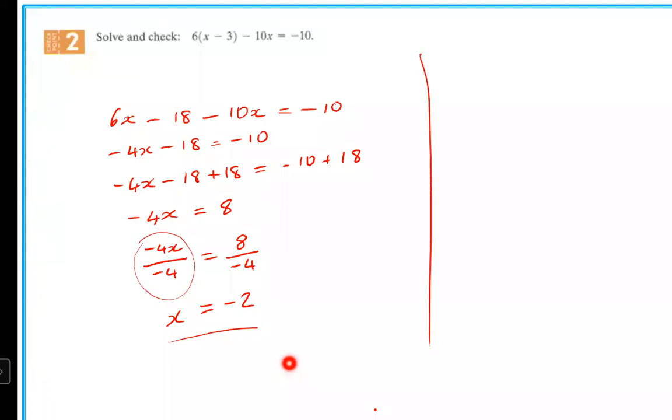So if you want to check it, put in 6, open brackets, -2 minus 3 minus 10 times -2 equals -10. So that -2 and -3 will give you -5. 6 times -5 is -30.